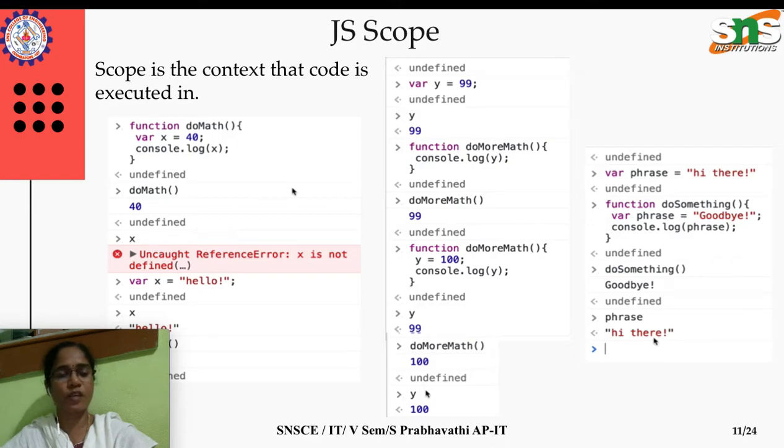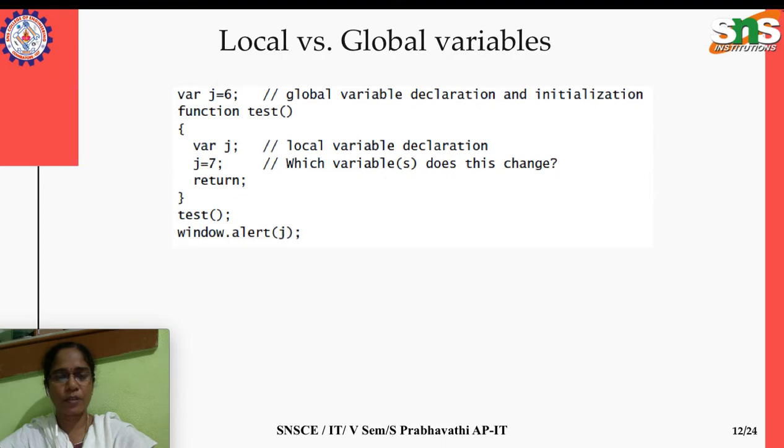Other functions can also access those variables, called global variables. So scope speaks about the context in which code is executed. Please explore these things. These are the programs which I have explored in the Google console. You please explore it, and we'll have a simple example based on local and global variables.